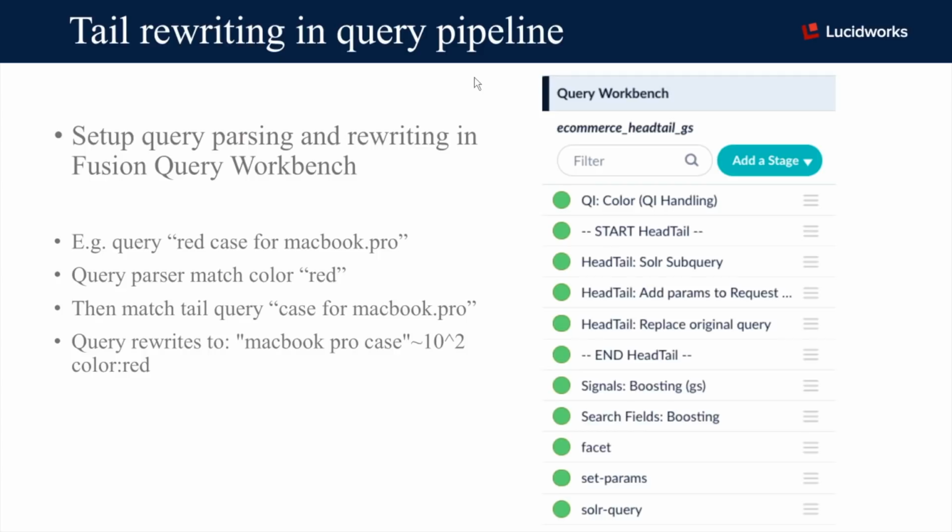For example, here, people issue a query red case for MacBook Pro, and we use the query parser to find the color red and put it aside, and the rest of the part matches a tail query, case for MacBook Pro, and then we swap it with the suggested query and then put the color back.